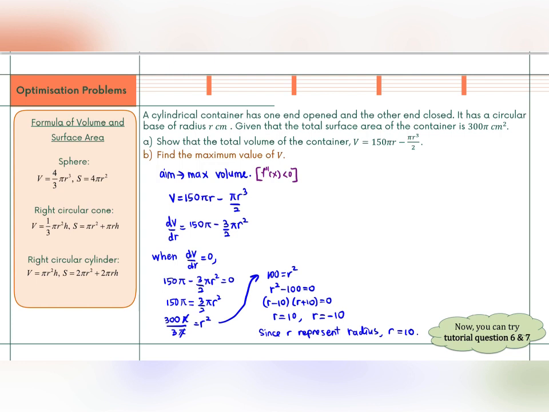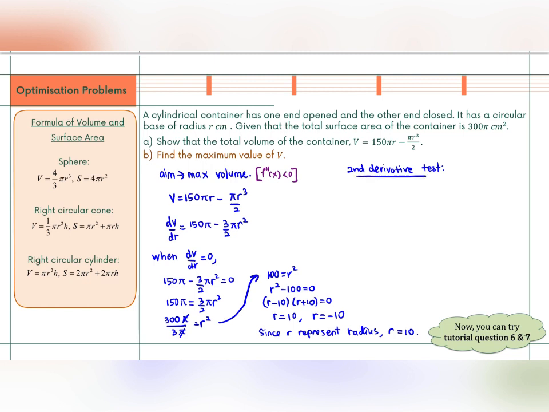But we need to confirm whether when R equals 10, it is really the maximum volume. So that's why we do the second derivative test to clarify that it is a maximum volume.